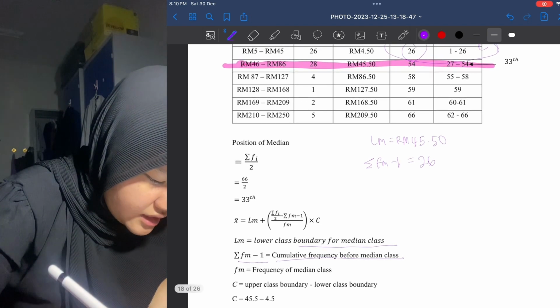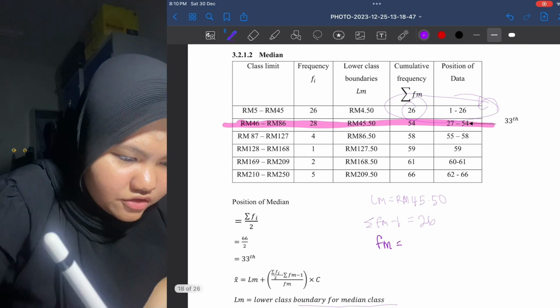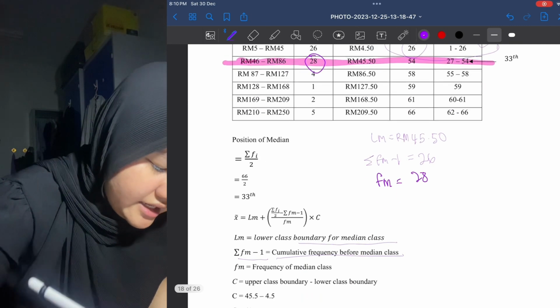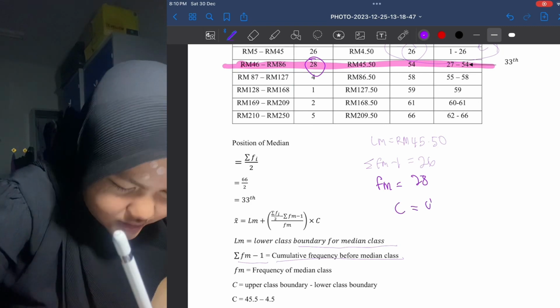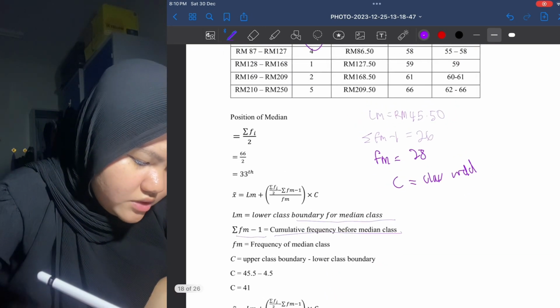Next is FM, the frequency of the median class. The frequency of the median class is 28, and C is the class width: upper class boundary minus lower class boundary.